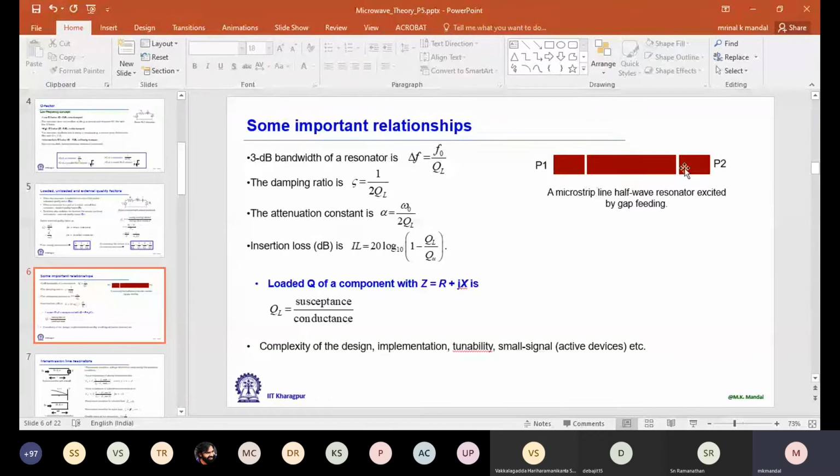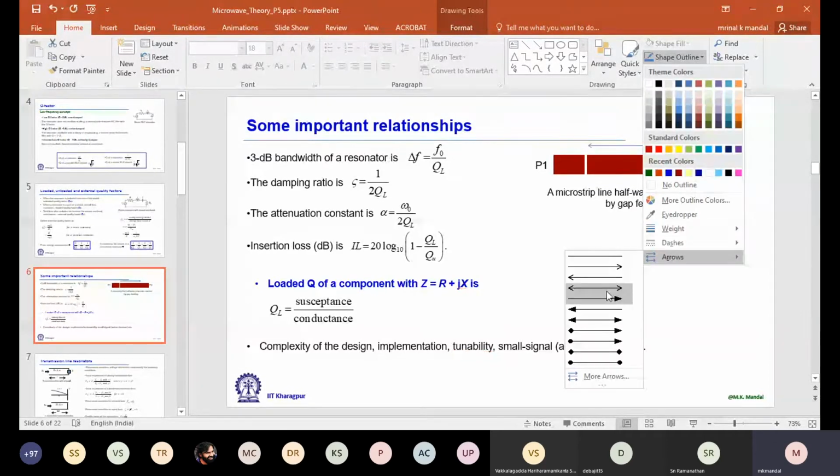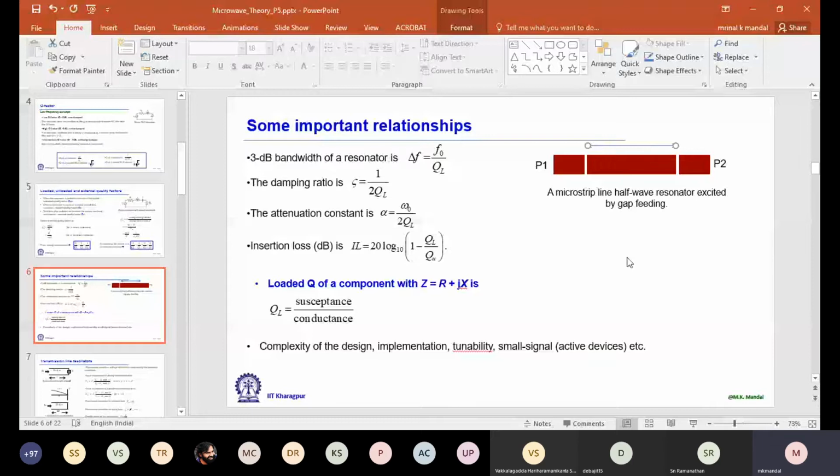We have a half wavelength microstrip line. I am showing the top view, and its length from left to right, let me represent by an arrow. This is half wavelength, lambda g by 2, at the resonant frequency.